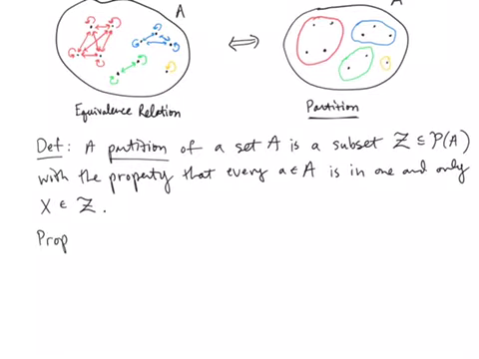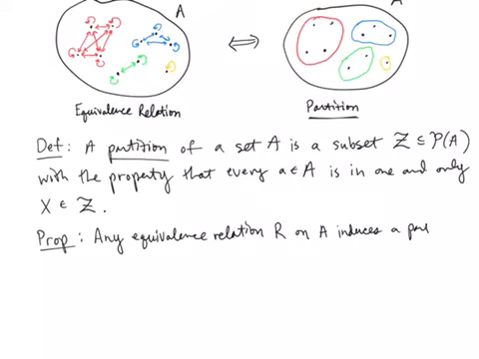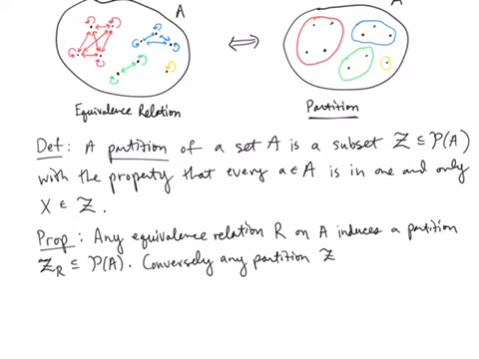So proposition: any equivalence relation R on A induces a partition, say Z sub R, and that's just a subset of the power set of A. And conversely, any partition Z, which is a subset of the power set, induces an equivalence relation.